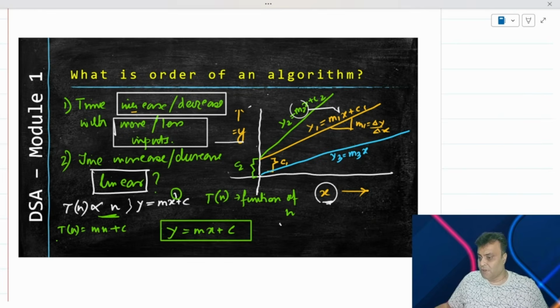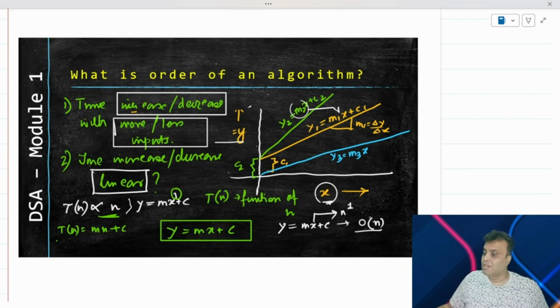So if I have the time taken by the algorithm following this particular curve, I can say that here the power of x is actually 1, and hence I will represent my algorithm as an order of n, because x is represented as n and n has the power 1 in this particular scenario. Hence we have the algorithm time complexity of this algorithm as an order of n.